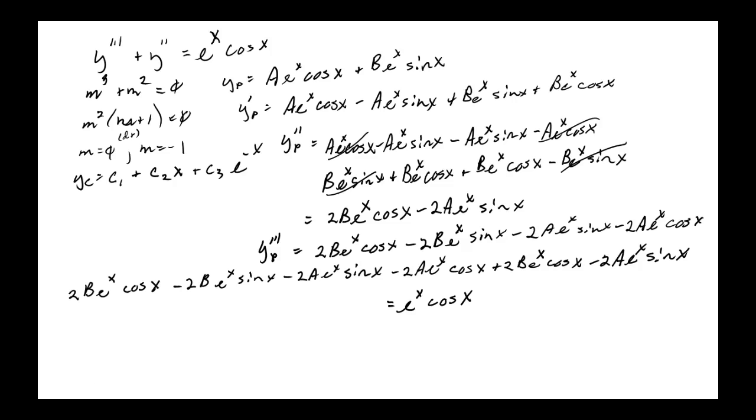Now, let's see if there's anything else we can eliminate. Here's 2b e to the x cosine x twice, so that's going to give us 4 of those.